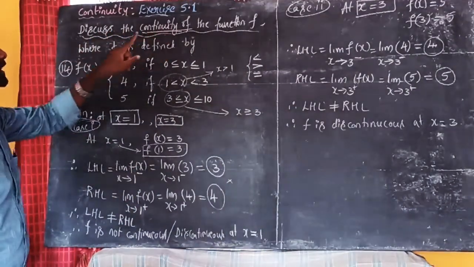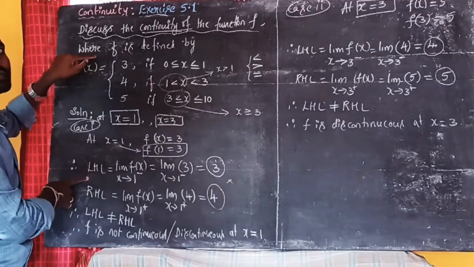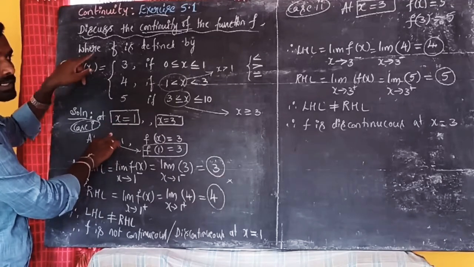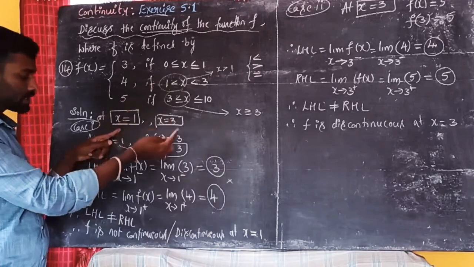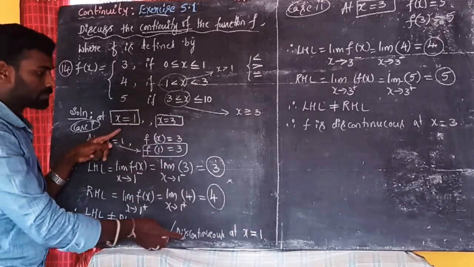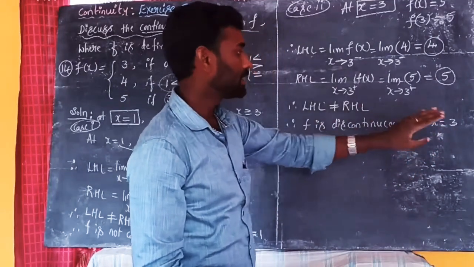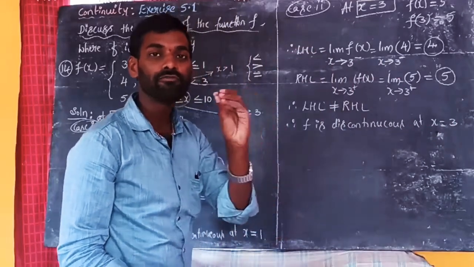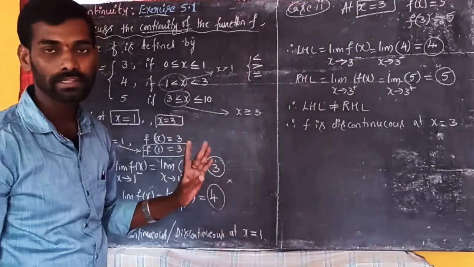Discuss the continuity of the function. Here this function is not continuous at these 2 points guys. Therefore f is not continuous at x is equal to 1 and x is equal to 3. That means f is continuous at every point of real numbers except at these 2 points, 1 and 3.